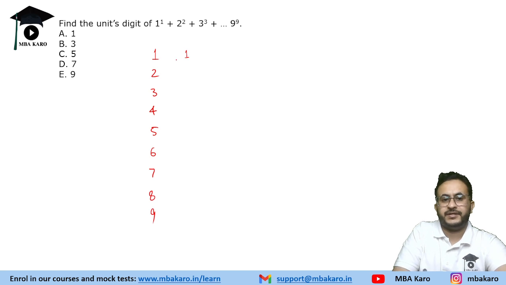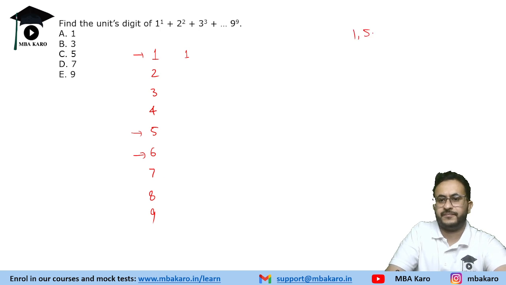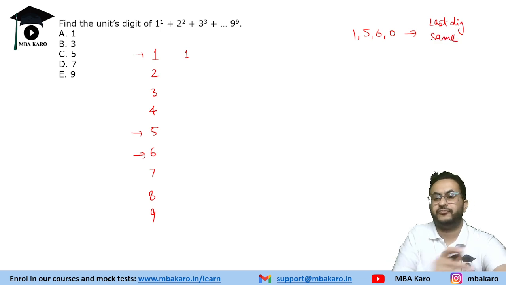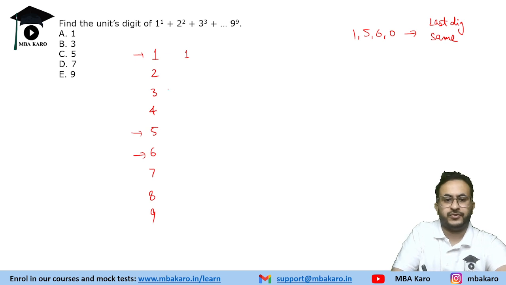Any power is 1. Remember 1, 5, 6 and 0. They have the same last digit for any power, like 1, 5, 6, 0 only. Okay, so this will be 156 only.